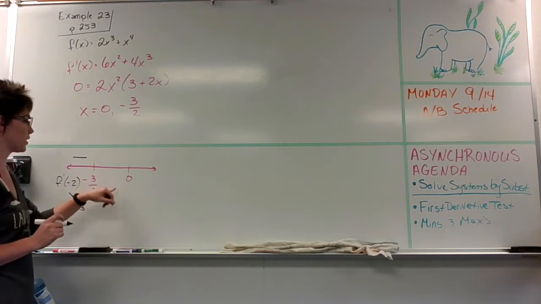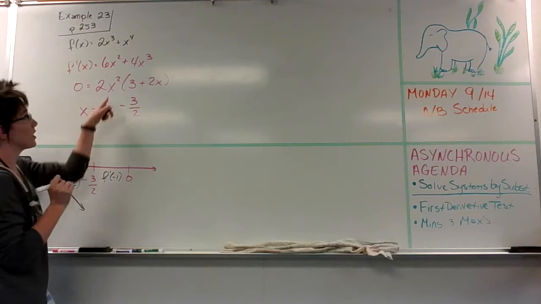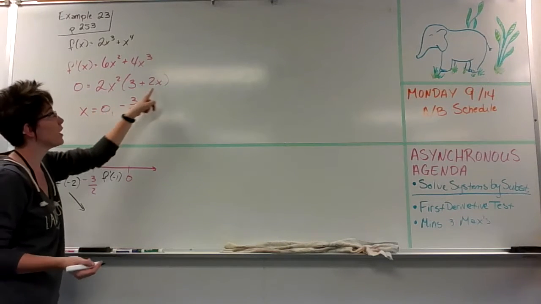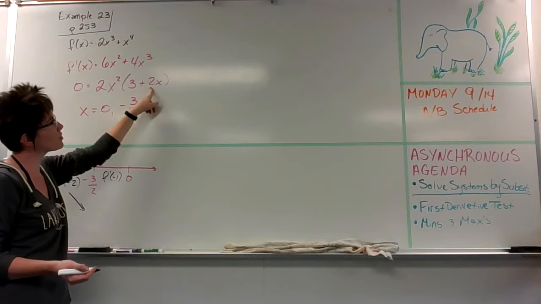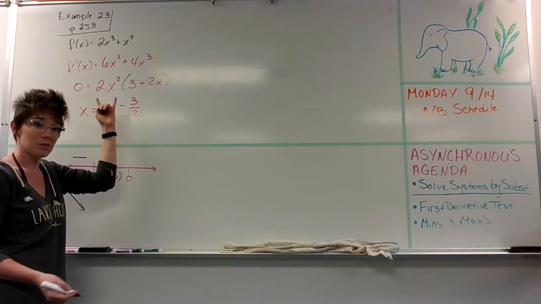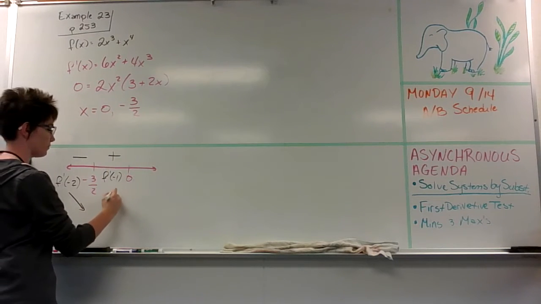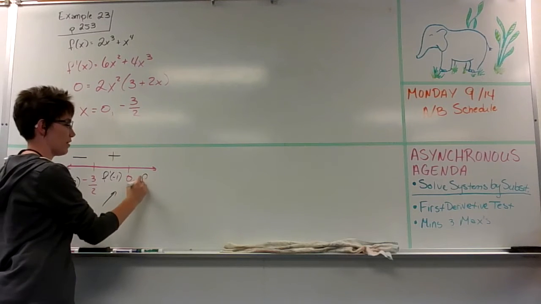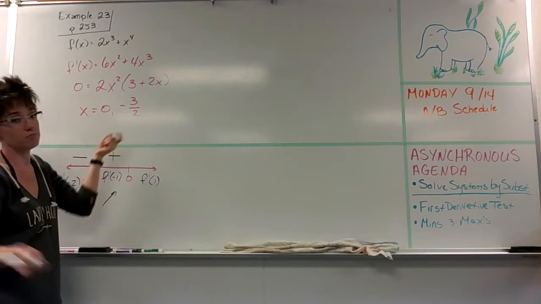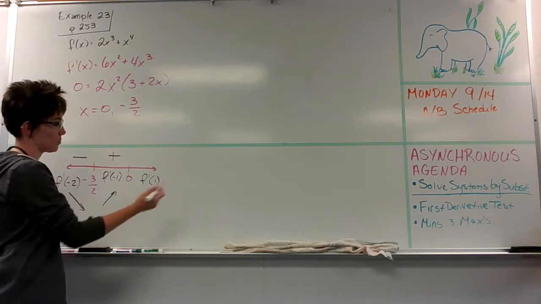Something in between here would maybe be f prime at negative 1. Same idea, plugging in negative 1 gives me negative 1 squared, positive. Negative 1 times 2 is negative 2, and then 3 minus 2 is positive. So I'm multiplying two positive numbers. Overall, the slope is positive. Now let's say if I do f prime at 1, then I get something like 1 squared, positive, and then 2 plus 3 is positive again.